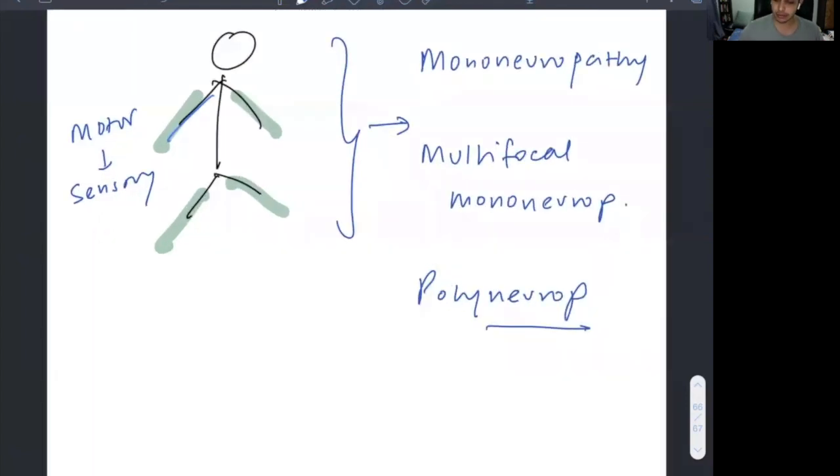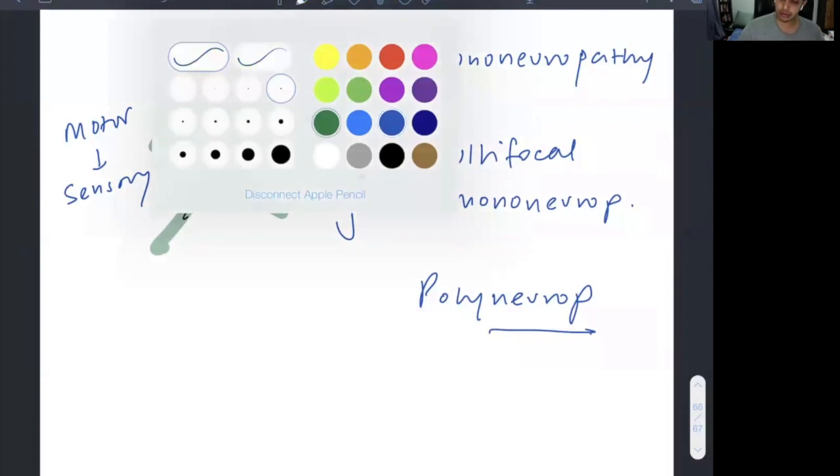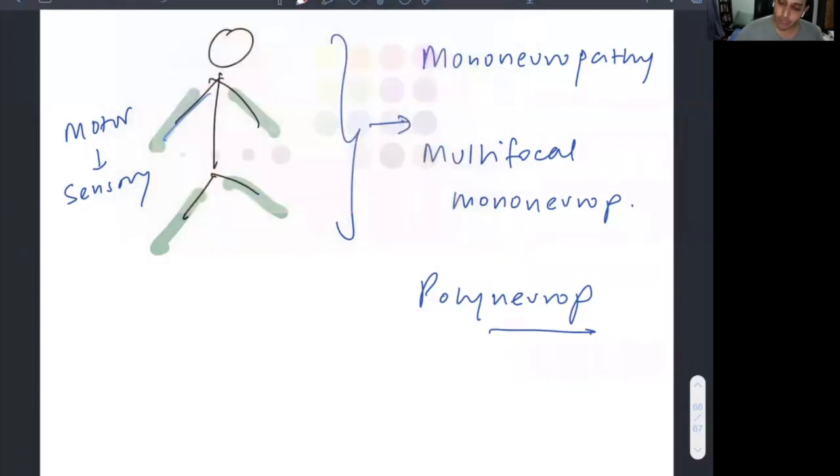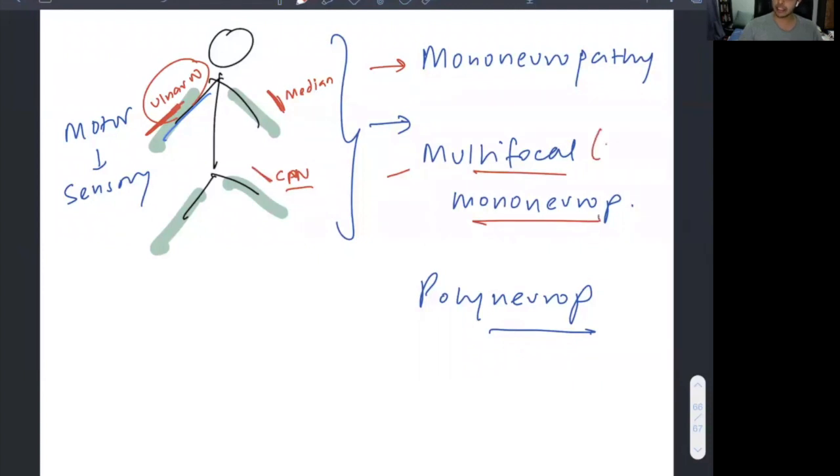Now, what does this mean? Suppose you have a lesion involving only your ulnar nerve. One single nerve is gone, then it is a mononeuropathy. Suppose you have an ulnar nerve on one side, a median nerve on the other side, or a common peroneal nerve in your lower leg, then it is a multifocal mononeuropathy, which basically means two or more nerves are involved at different sites.